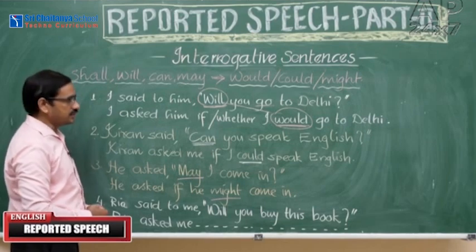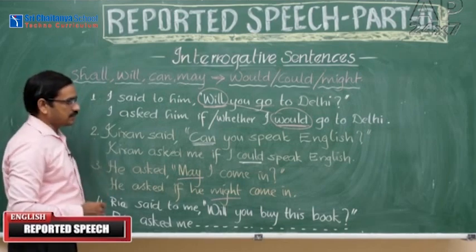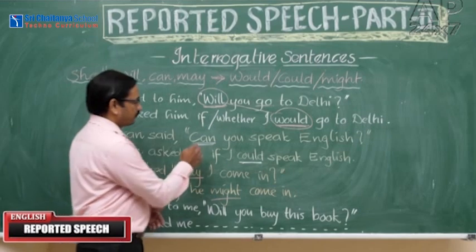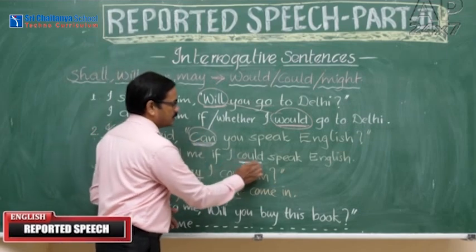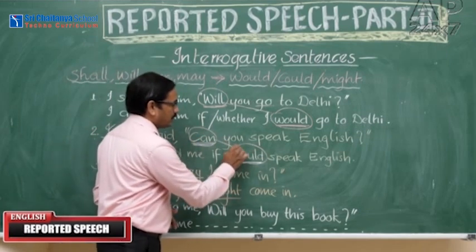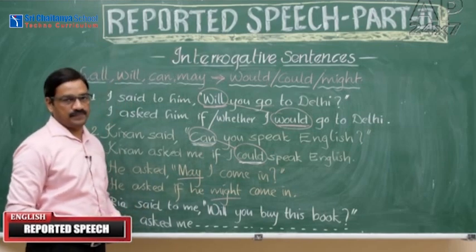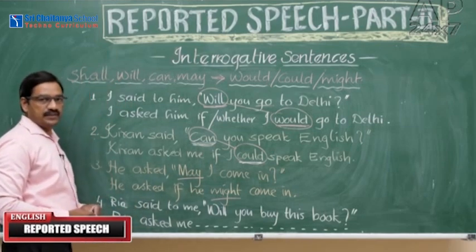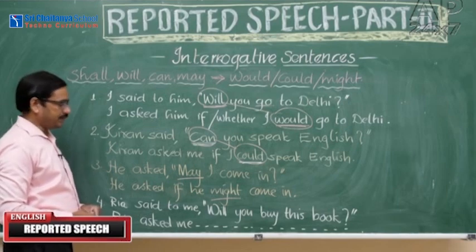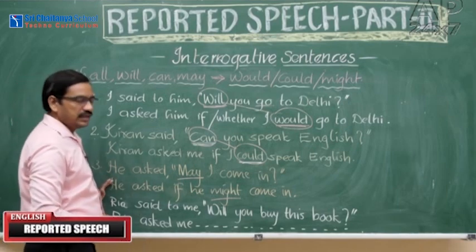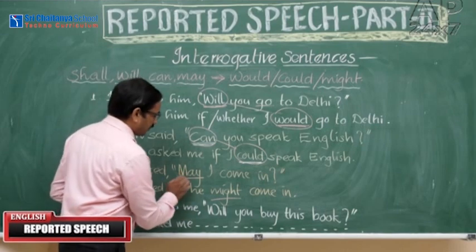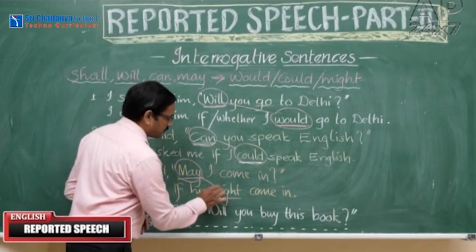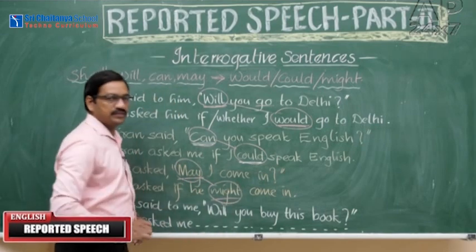Kiran asked me if I could speak English. So can is changed into could. Another example, he asked, "May I come in?" He asked me if he might come in. May is changed into might.